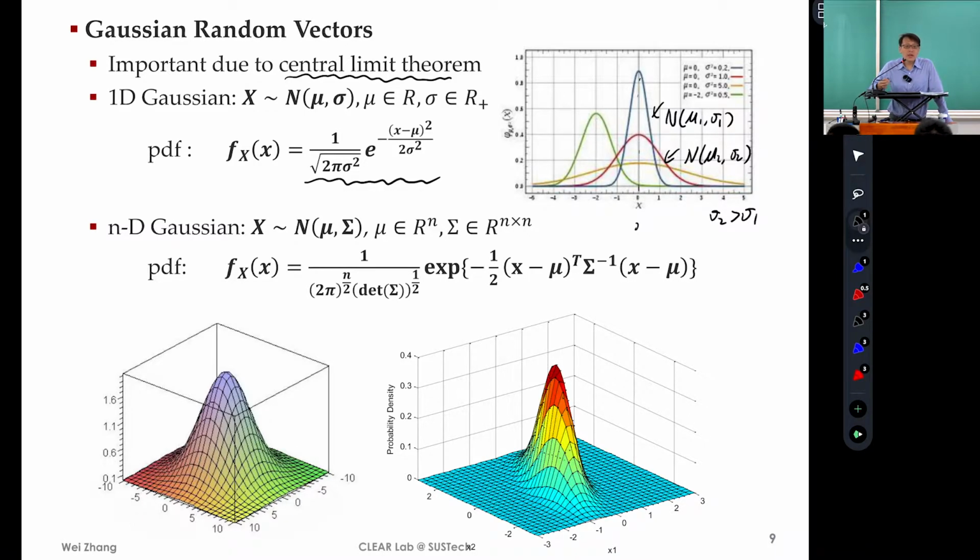How do I know? I can give you a random variable and ask you whether it's Gaussian or not. How do you check?